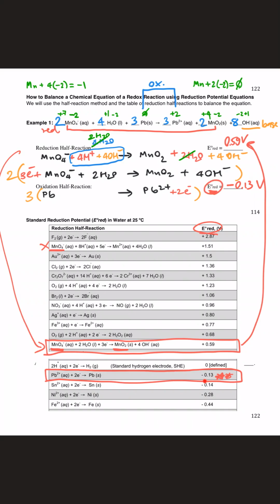The equation as written belongs to the reduction half reaction, but our half reaction is specified as an oxidation half reaction, so you might think you need to flip this. But the formula that we are going to use requires the standard reduction potential value. Therefore, we don't need to change the sign. We're going to read it as it is and report the value as it is.